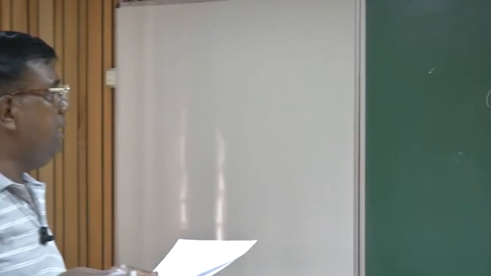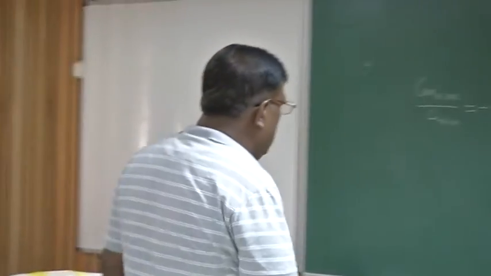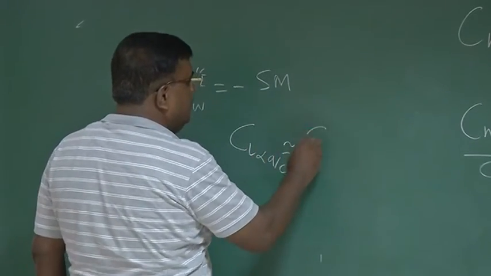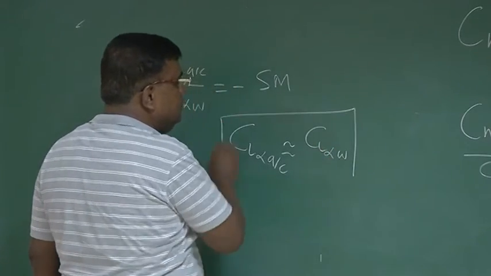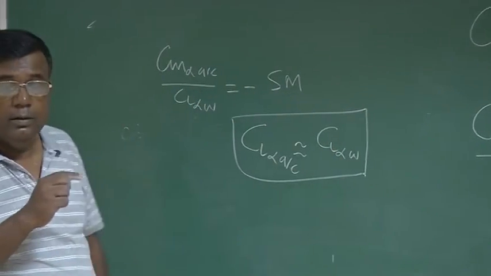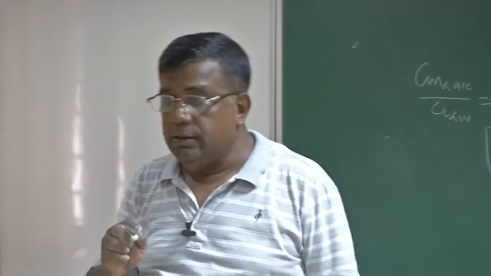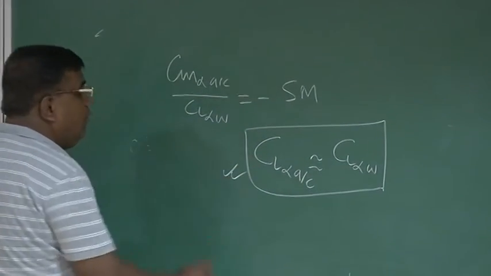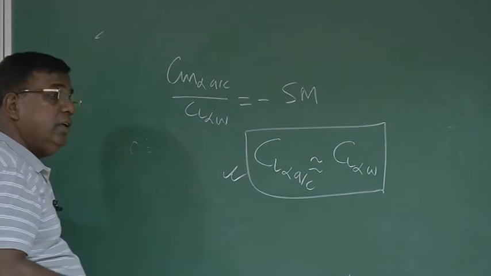That is, I can assume with a 10% inaccuracy that CL alpha of the aircraft is approximately equal to CL alpha of the wing. This is an approximation, because I understand that CL alpha of the tail based on the wing reference area will be very small compared to CL alpha of the wing. So this is the whole trick to get a designer's feel.